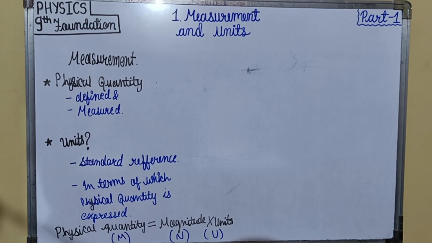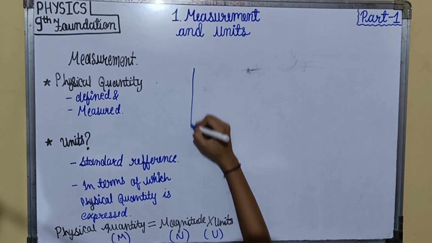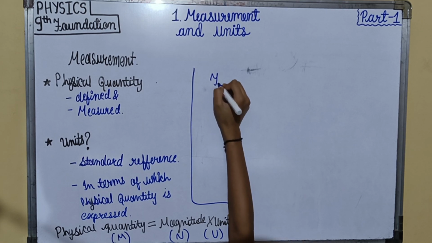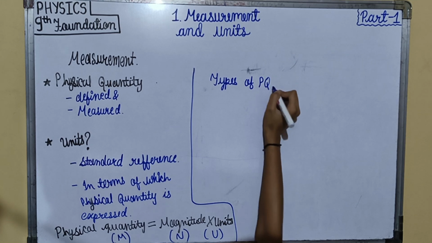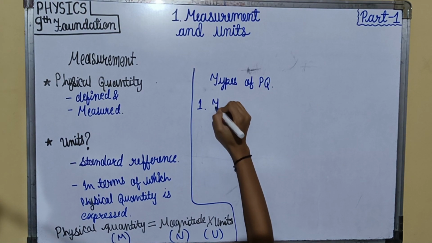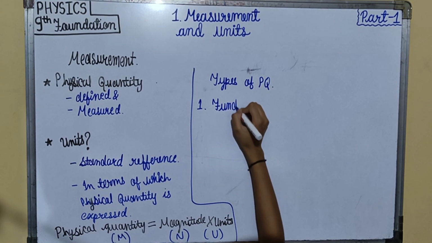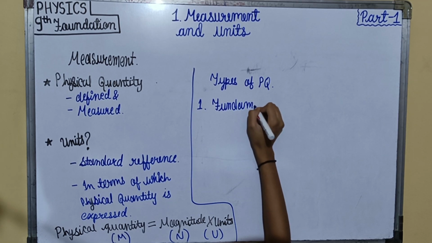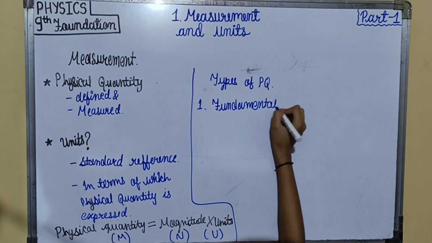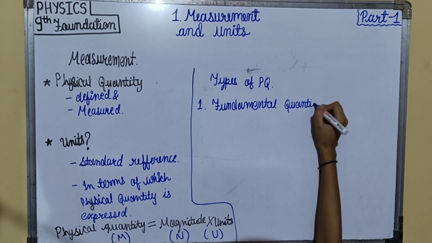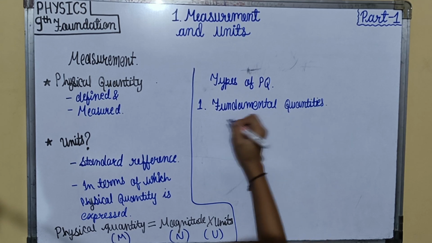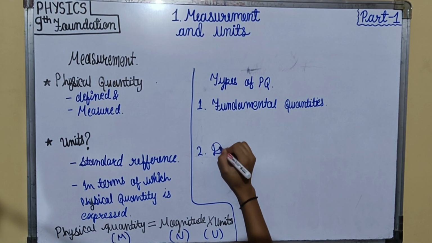There are types of physical quantities and their units. So these are the types of physical quantity. First one is fundamental quantities, and second one is derived quantities.